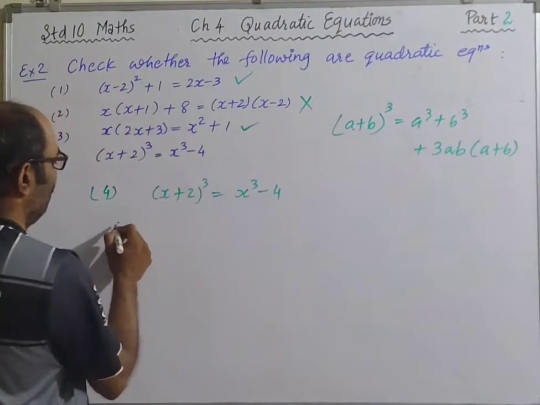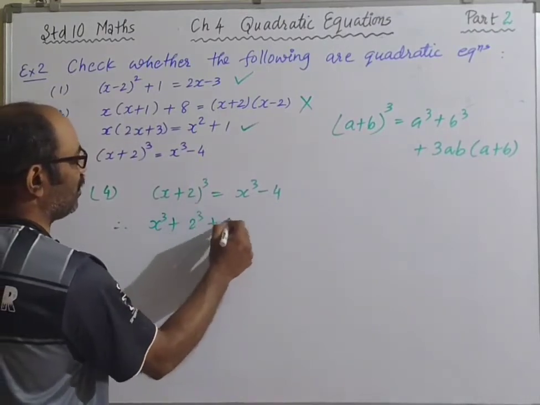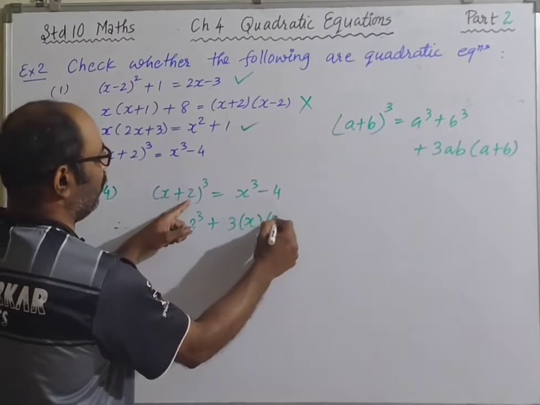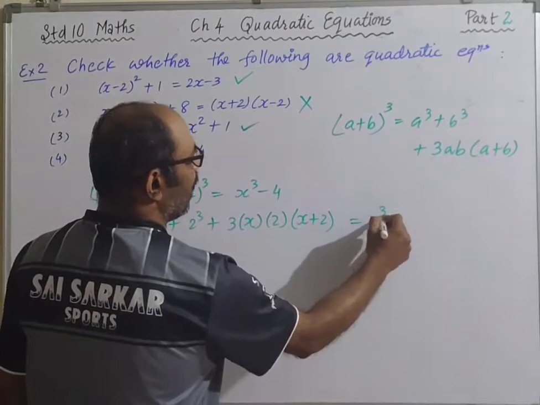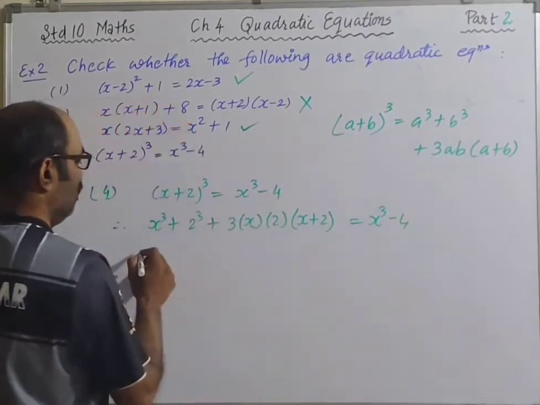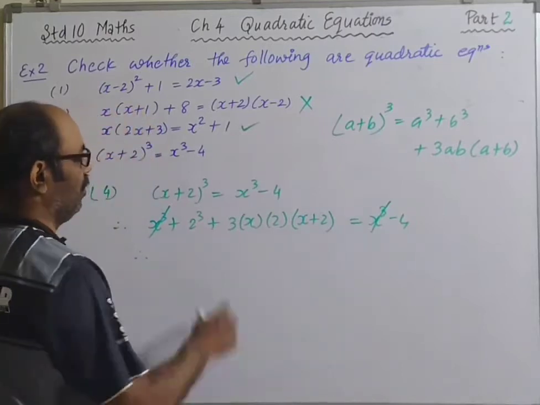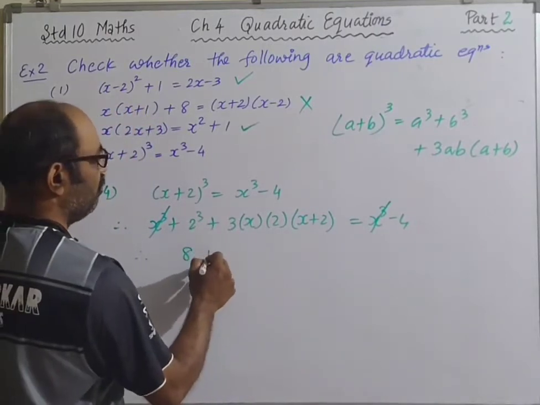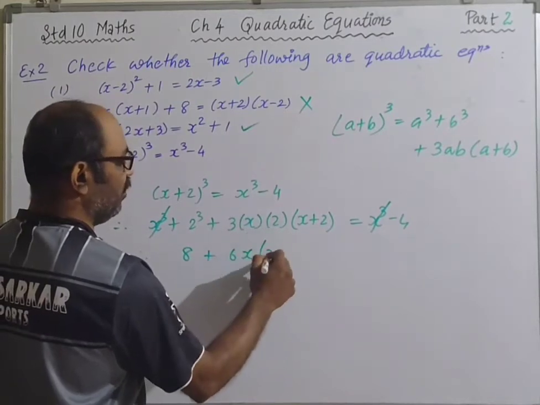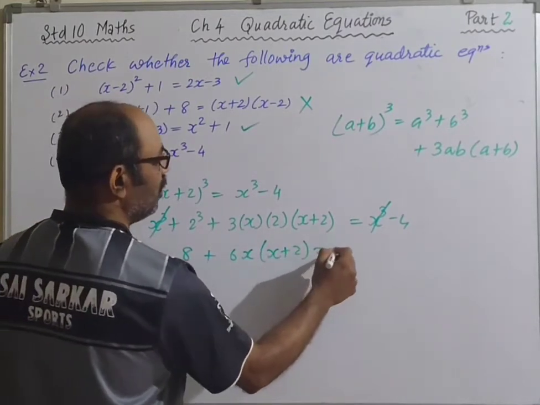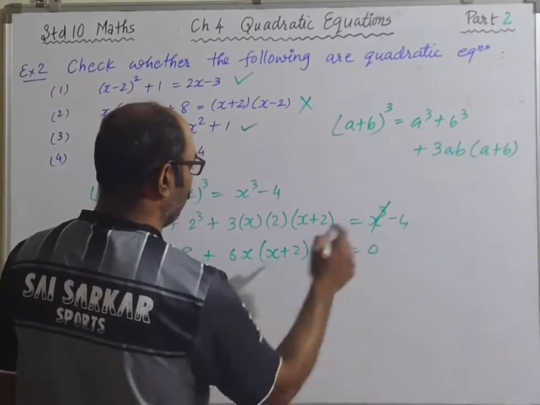Use that. So, x cube plus 2 cube plus 3 into x into 2 into (x plus 2), that is equal to x cube minus 4. Plus x cube is gone. Now this is 8 plus 6x into (x plus 2). Okay, minus 4 on this side, plus 4 equal to 0.